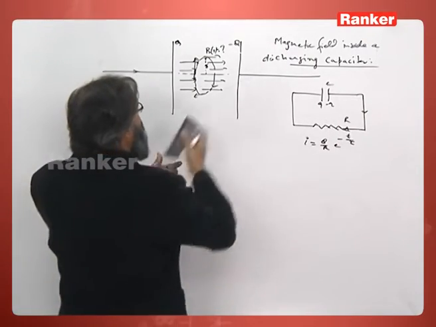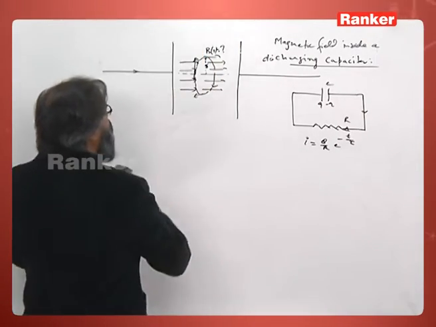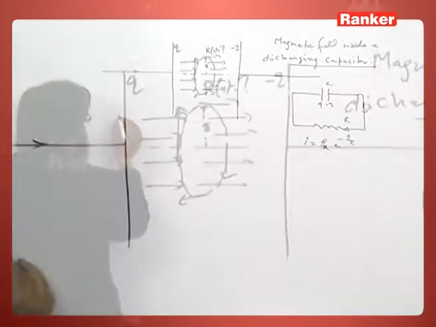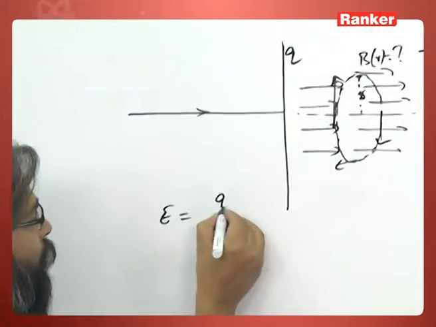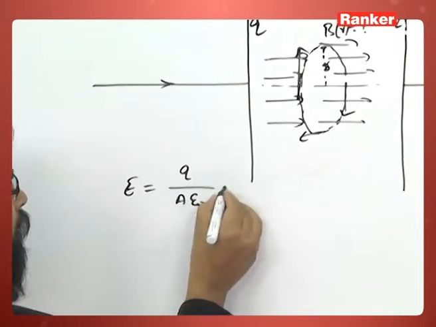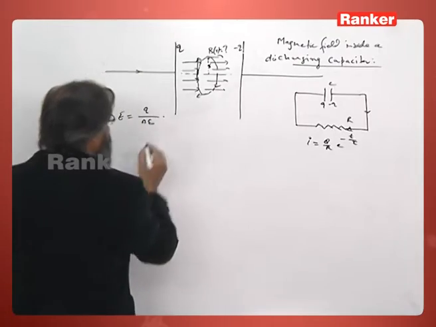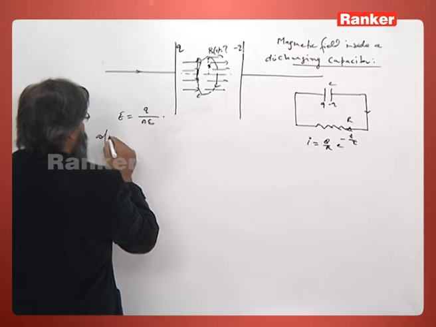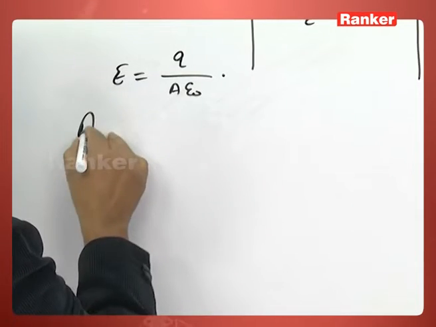Now, at some instant the charge here is Q and minus Q. So, the electric field becomes Q by A epsilon naught, and let us apply Ampere's law.